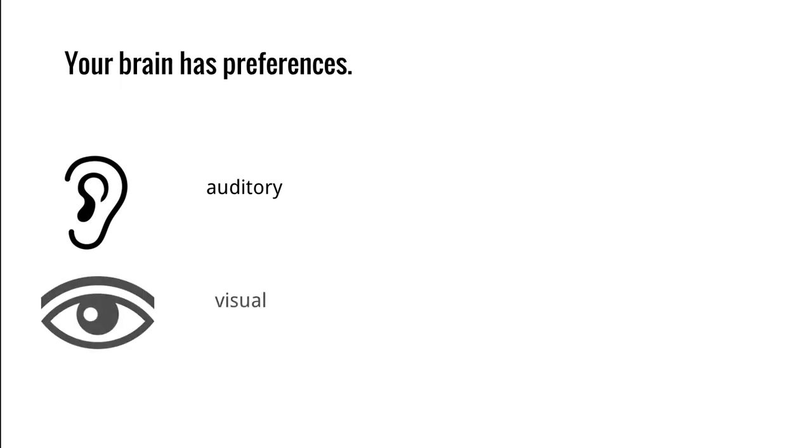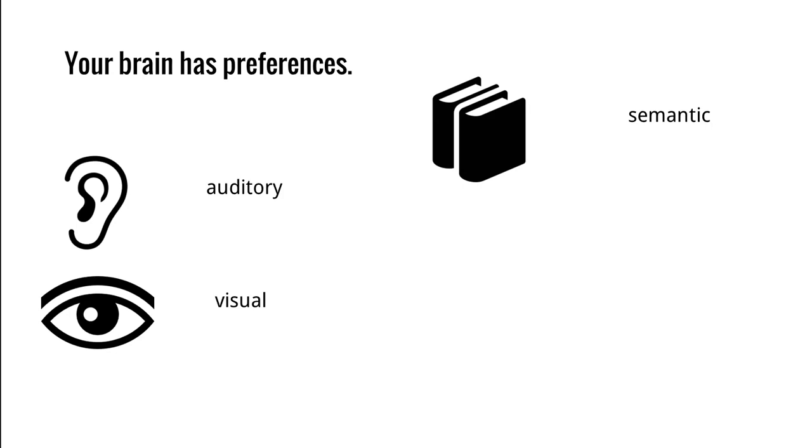The reality is that your brain has preferences. You may prefer or find auditory information easier to understand, whereas other people prefer visual information. And in the same way, some people are really comfortable with semantic information, and it's their preference.